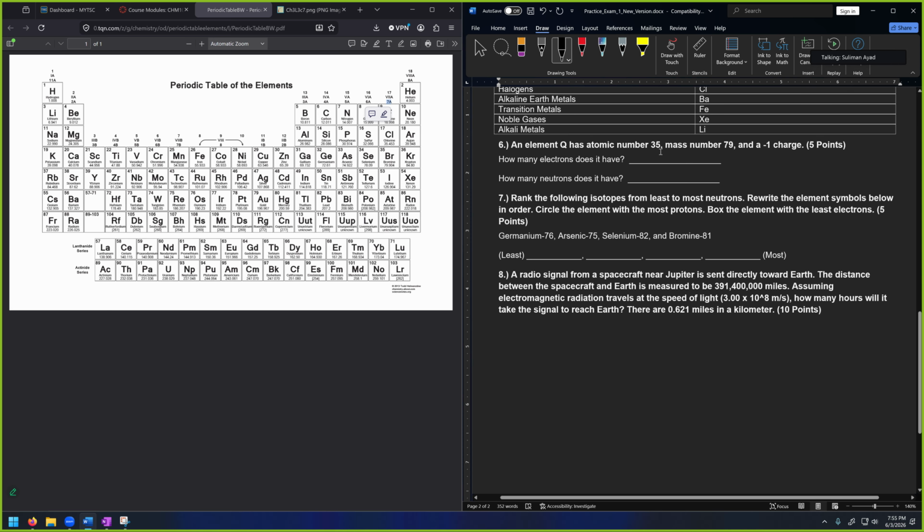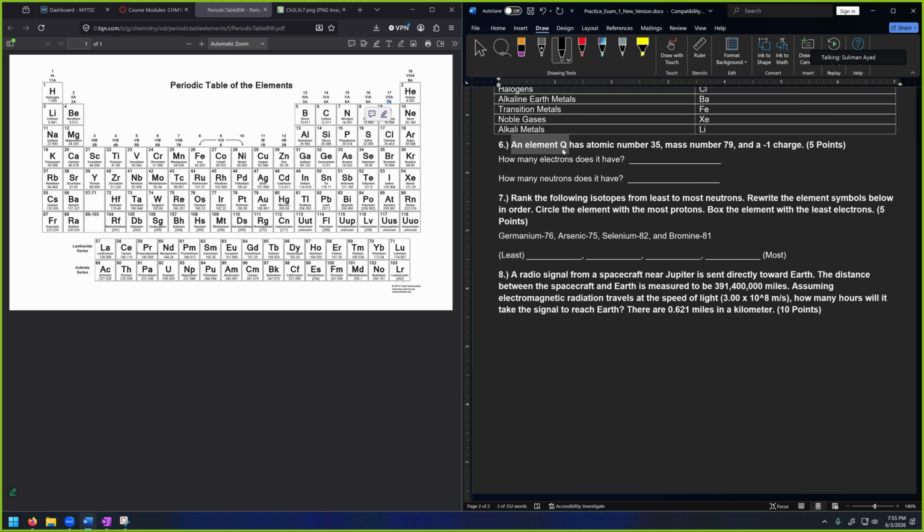Element Q has atomic number 35, mass 79, and a 1 minus charge. Notice on your periodic table there is no element Q. That's why I've used this as kind of a stand-in for some random element. If its atomic number is 35, that is the same as the number of protons it has.